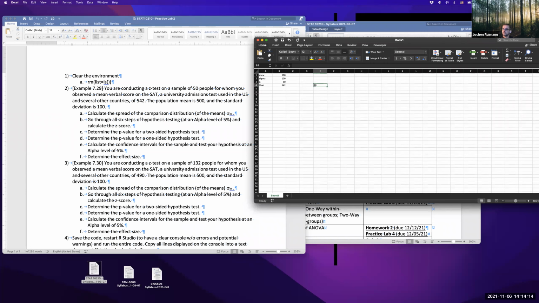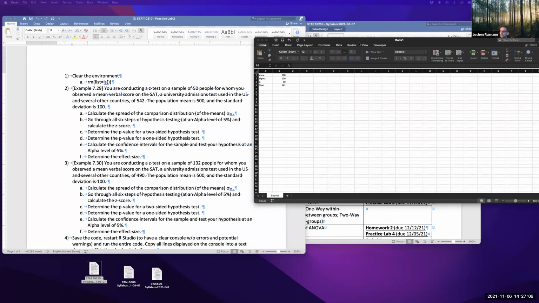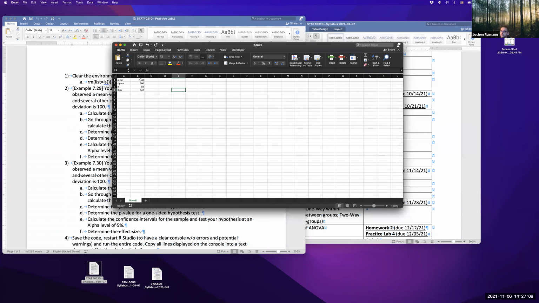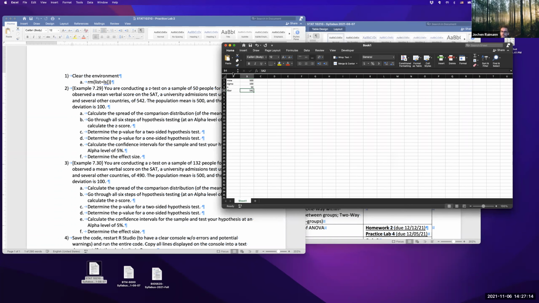The only thing you have to do here is to calculate your standard error of the mean. So mu 500, sigma 100, n 50, and the X bar is 542.